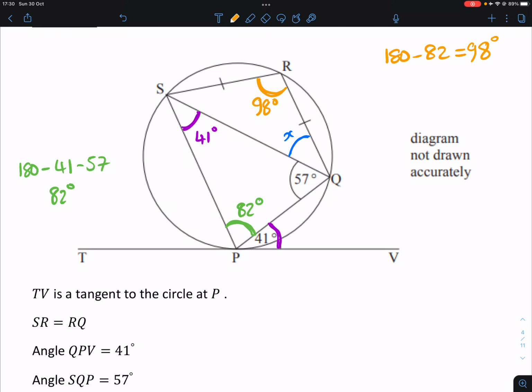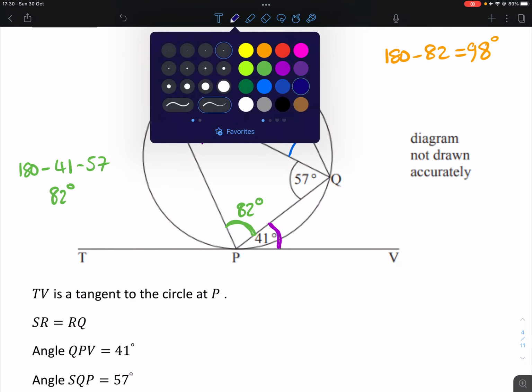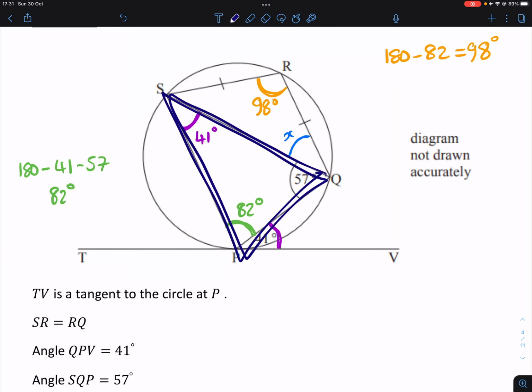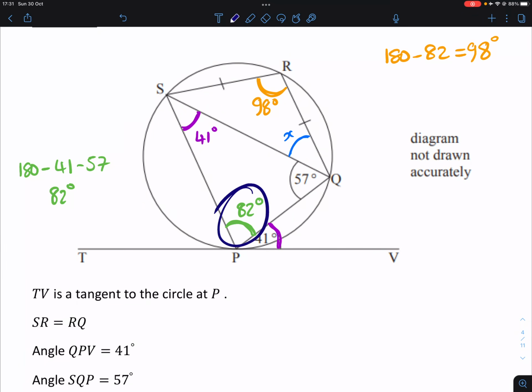We then have the two angles here. The base angles in an isosceles triangle are equal, and then we would also have to mention that angles in a triangle add up to 180 if we hadn't already said it from before. So if I did what you see here that I've done, that find the purple angle 41 here first, and then find the green one, you've already said angles in a triangle add up to 180, so we don't need to say it again.